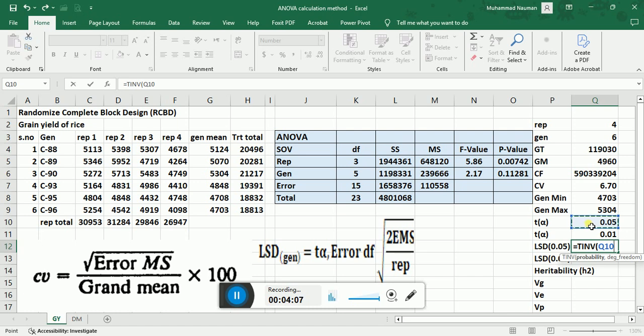Now enter the comma and then degree of freedom, that is 15. Here we want to fix this reference for future use. To fix this cell, place the $ sign before and after the alphabet. Close the bracket.